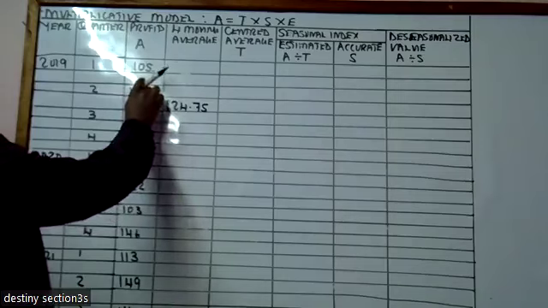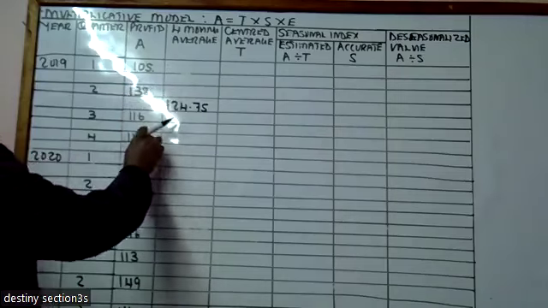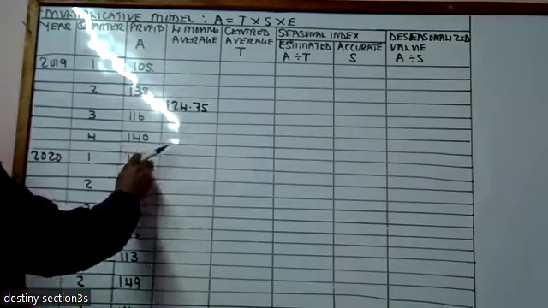124.75. Good. So skip now the first one, this one. Take 138 plus 116 plus 140 plus 104 equals, divide by 4 equals 124.5.